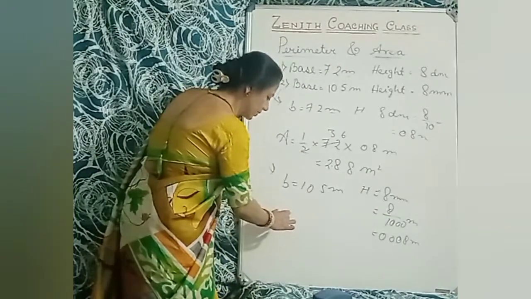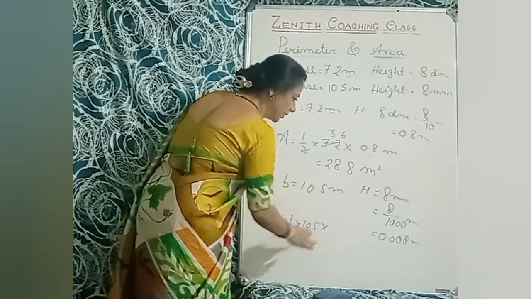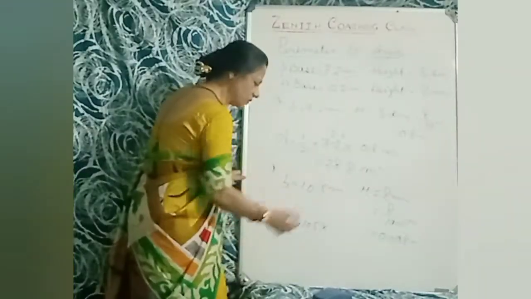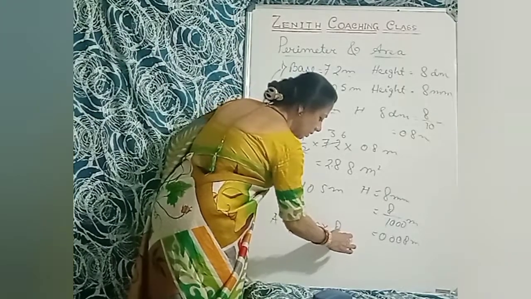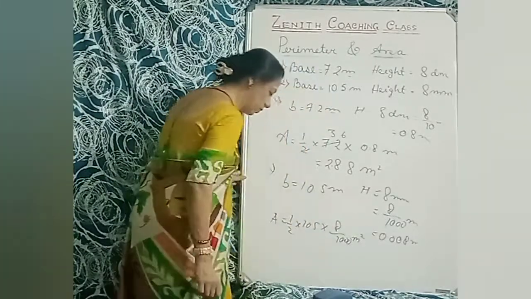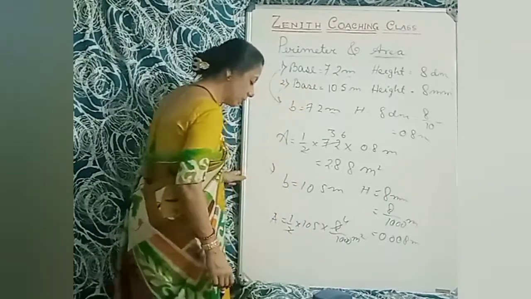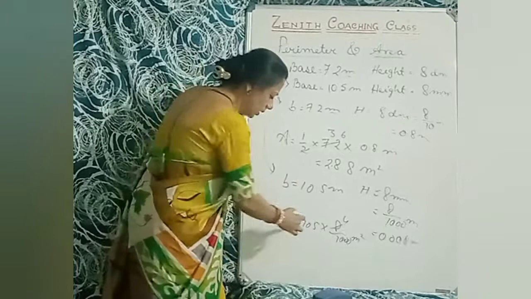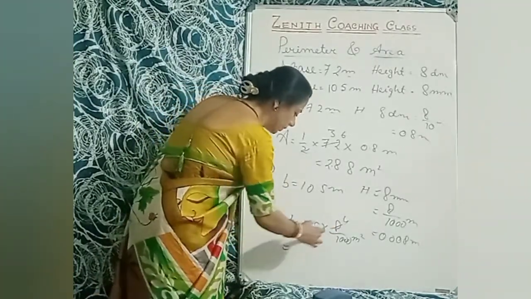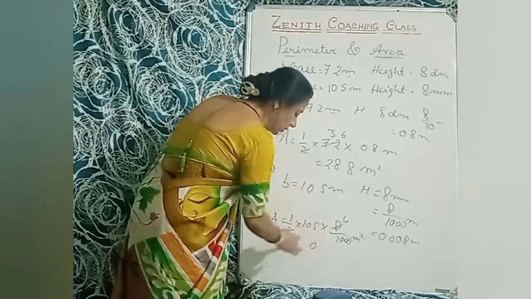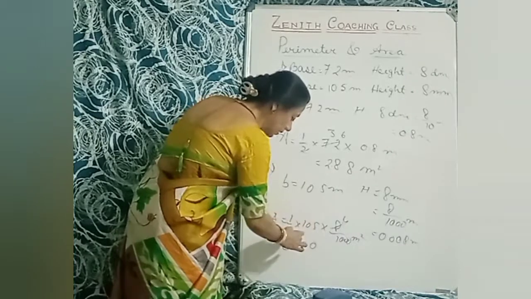So area equals half multiplied by 10.5 multiplied by 8 by 1000 meter square. Here is 2, here is 4. Now 10.5 multiplied by 4. 4 5s are 20, 0, 2 in hand. 4 0s are 0, plus 2 is 2. 4 1s are 4.